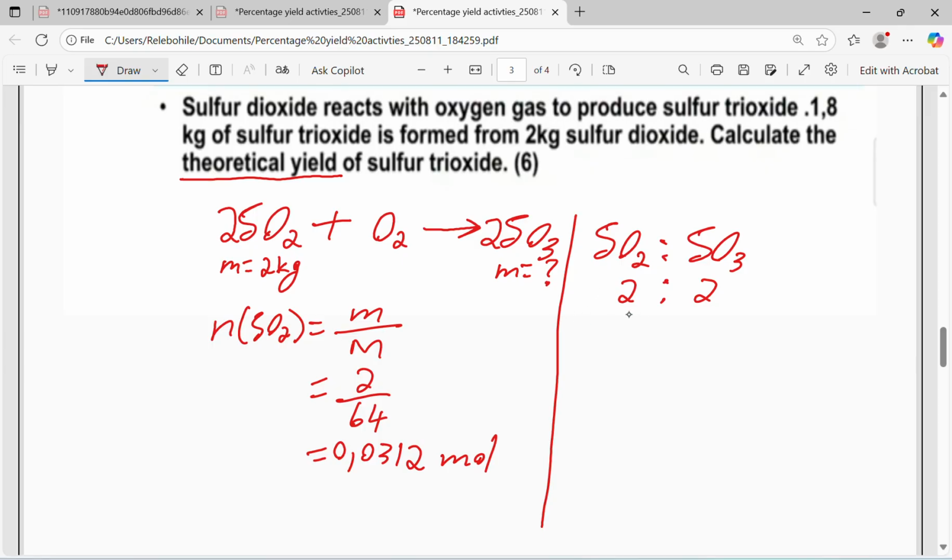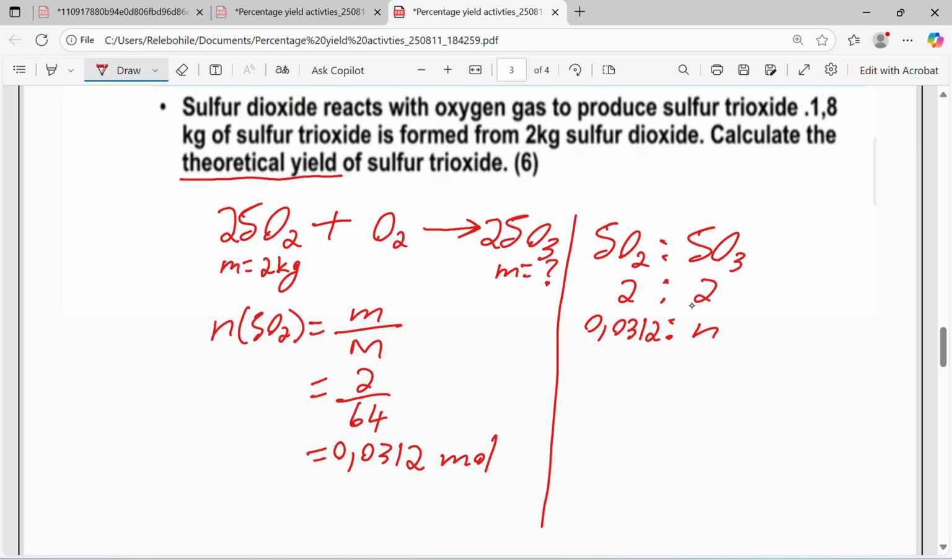After here, I'm gonna write the number of moles of these two substances. What are the number of moles of SO2? They are 0.0312 is to what are the number of moles of SO3? I do not know them, so I'm just gonna put N there. But I'm noticing that my ratios are the same.